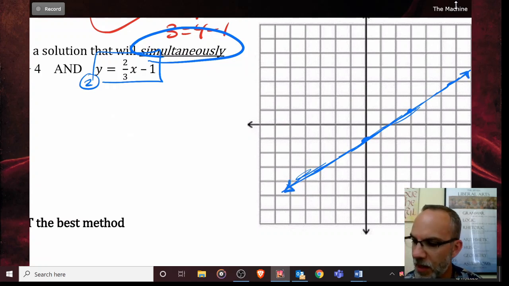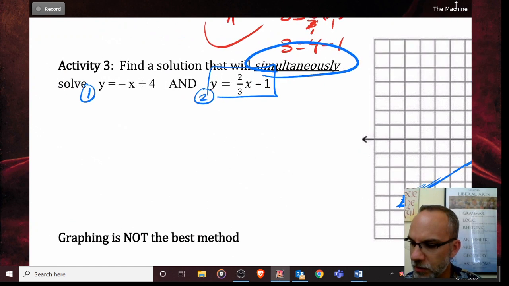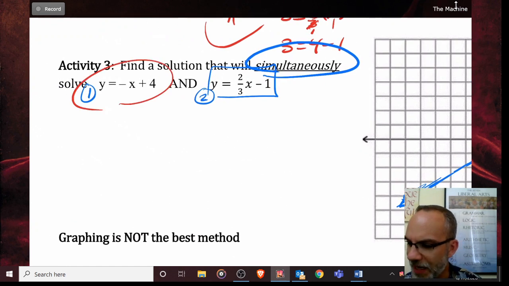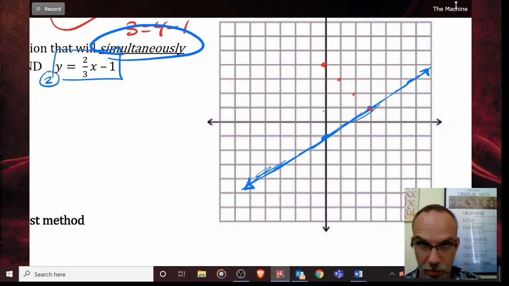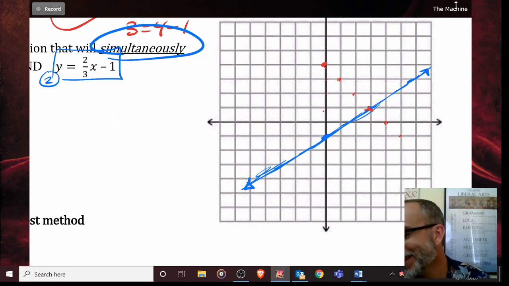Looks like that. And I did the other one in red, didn't I? Yeah. So negative x plus 4. So 1, 2, 3, 4, and then down 1, right 1, down 1, right 1, down 1, right 1, and then down 1, right 1, and down 1, right 1. Oh, golly, it's going to be awkward again. Oh man.